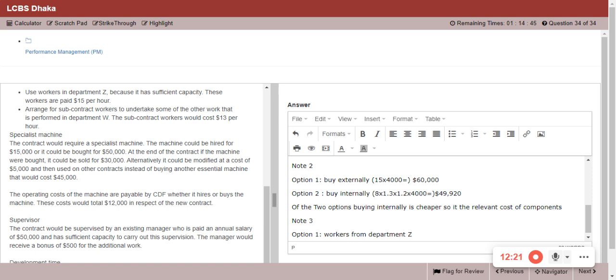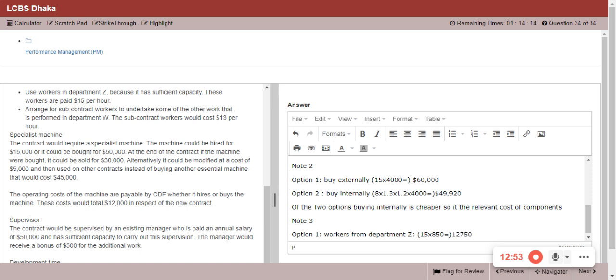So that's $15 into 850 hours, which is 12,750.